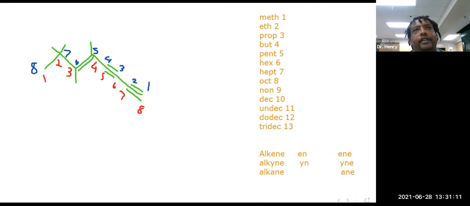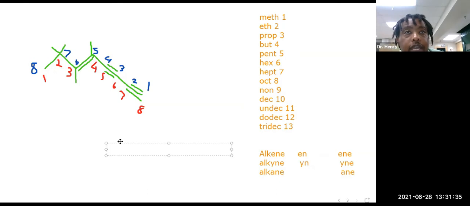Why is it the red? Who has priority, double bond or triple bond? Double bond has priority, so we want to make sure that the double bond has the lowest number. So we're going to be using the red numbers.